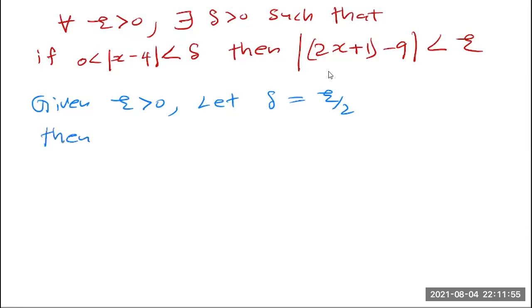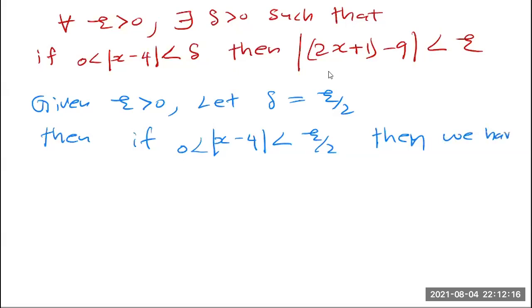Then if absolute value of x minus 4 is greater than 0 and less than epsilon by 2, then we have 2x plus 1 minus 9, that is f of x minus L, which is equal to 2 times x minus 4, the absolute value of the whole thing.